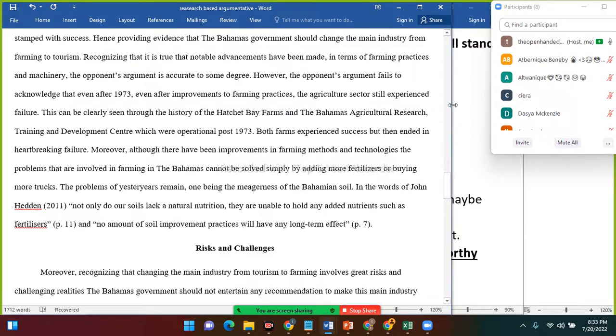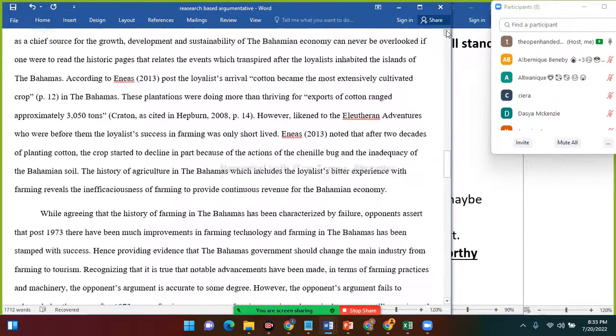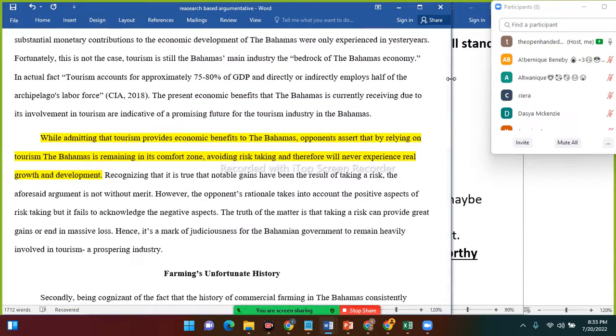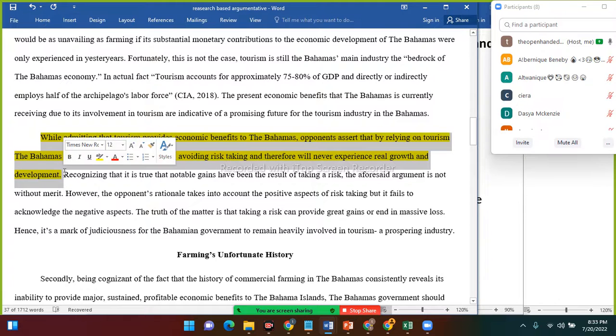So let's see what I did after that. So after I stated that, while I admitted that tourism provides economic benefits to the Bahamas, opponents assert that by relying on tourism, the Bahamas is remaining in its comfort zone. Good.